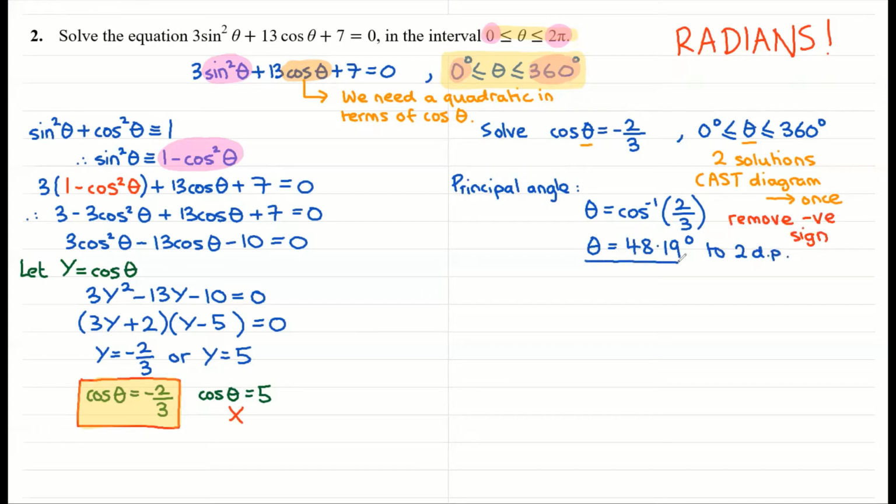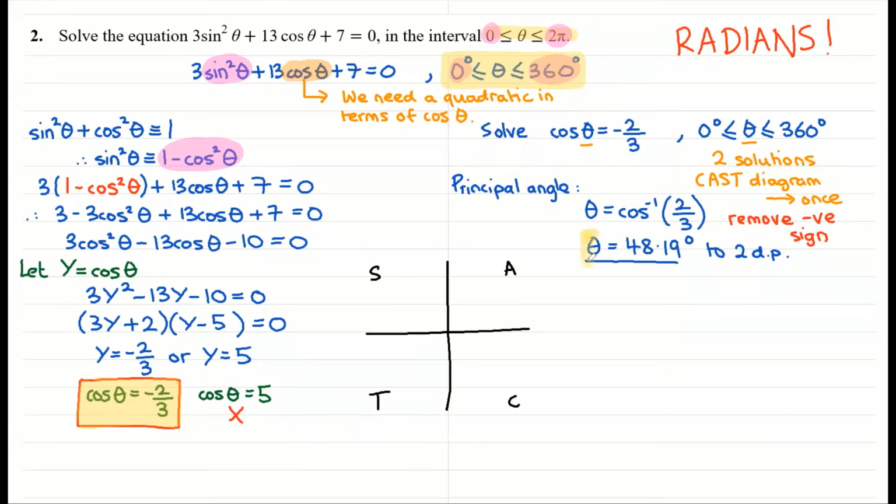Now, I'm doing it to 2 decimal places because I might be rounding to 3 significant figures later. So it just makes it for the accuracy. Okay, now we can draw the cast diagram. So there's not much more to do now. Cast diagram, I'll do that here in the middle. C, A, S, and T. Now remember, we've got our principal angle.